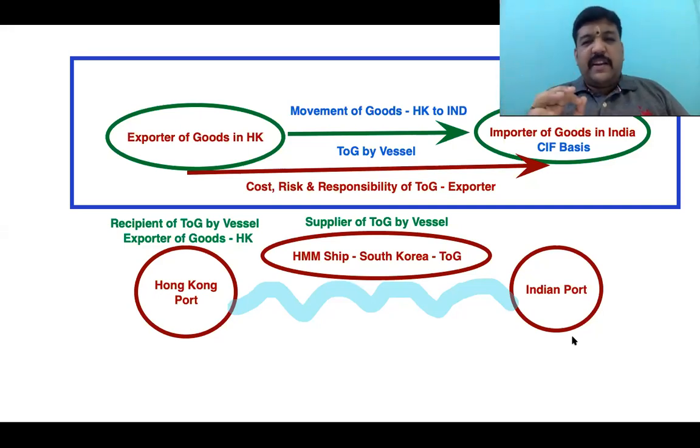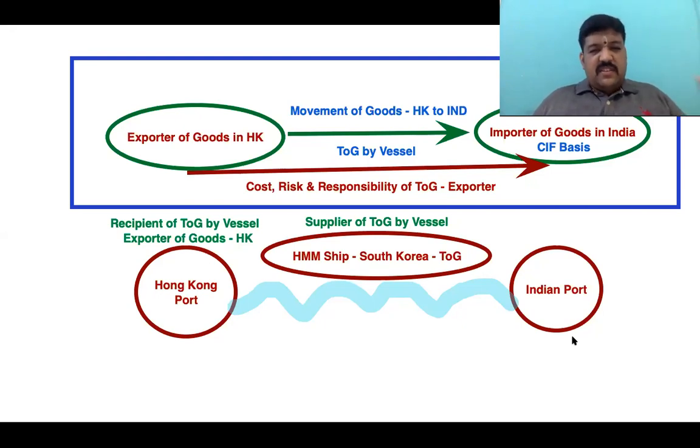Let me repeat it. The Indian importer will not pay any money to HMM, not even $1. It's an out and out privity of contract between HMM, South Korea, and the exporter in Hong Kong.